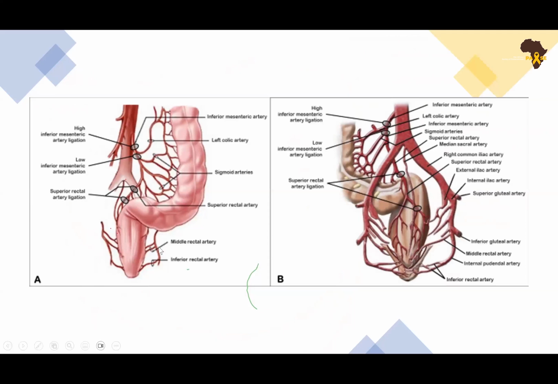The important blood supply for bowel endometriosis would be the middle rectal, the inferior rectal, the branches of the superior rectal and the sigmoid vessels, and that should cover most of our blood supply in this area. These are all branches of the inferior mesenteric artery.